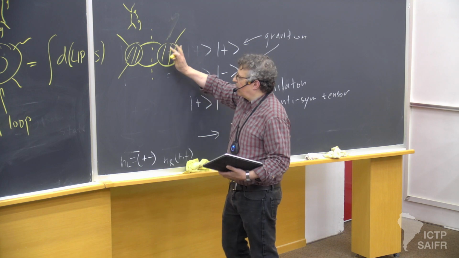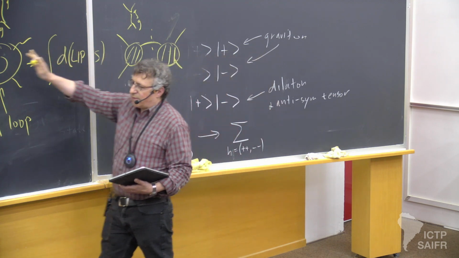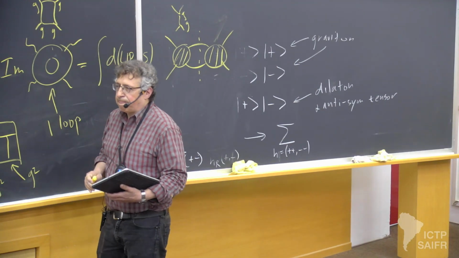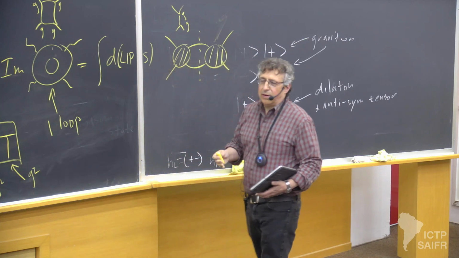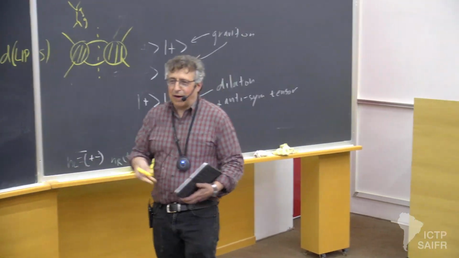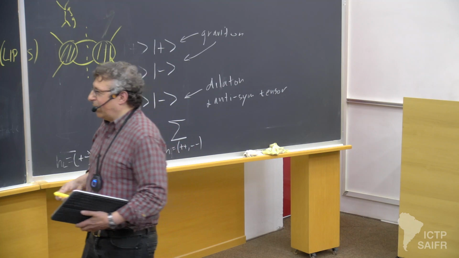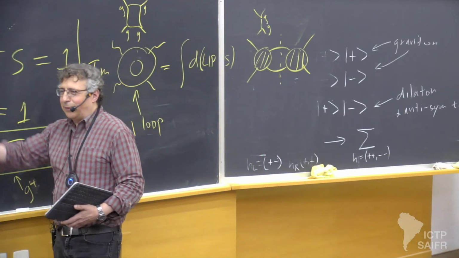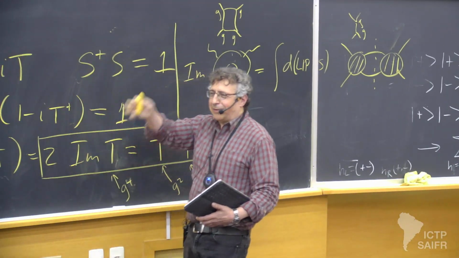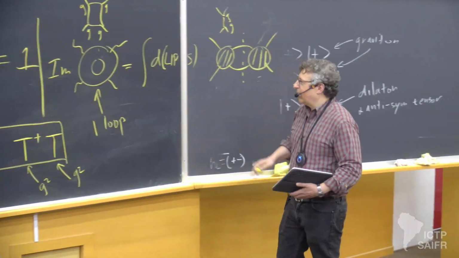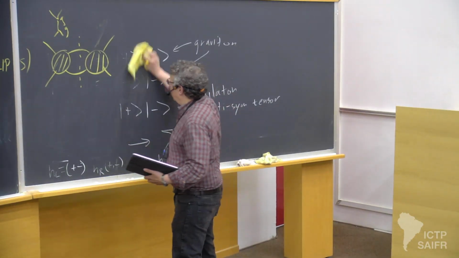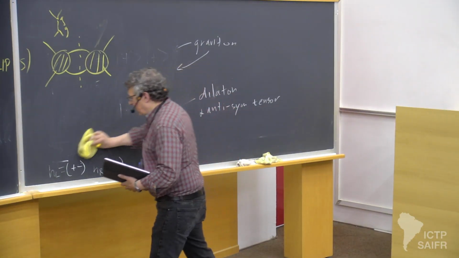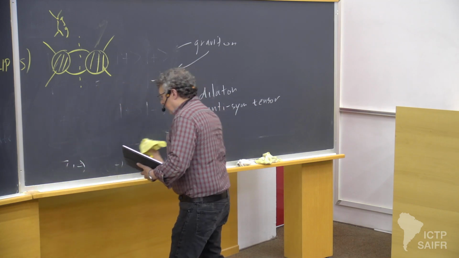Once I know tree level, I know something about loop level, and that's essentially what's underlying all this. What I'm telling you was known in the 1930s. It's quantum mechanics, so this part is very well known.